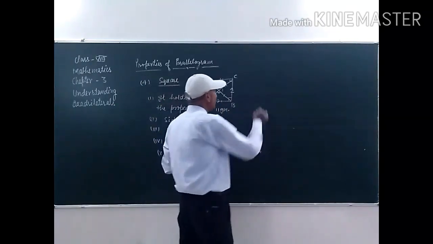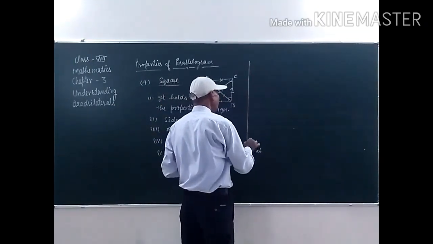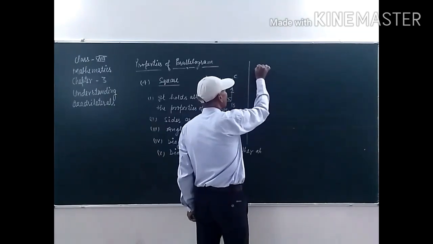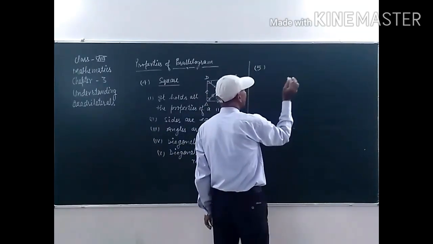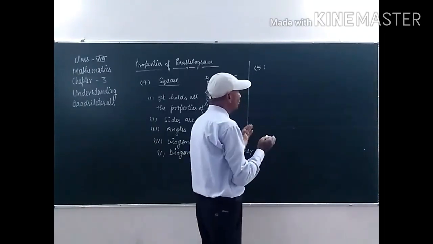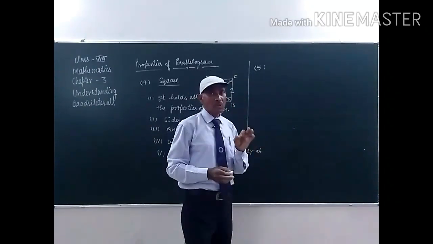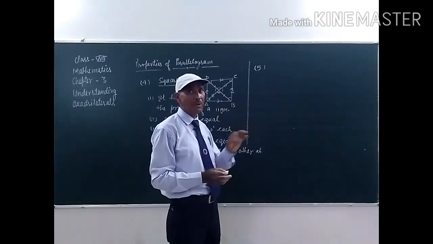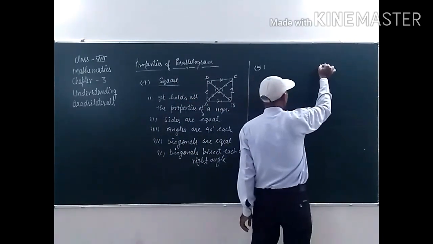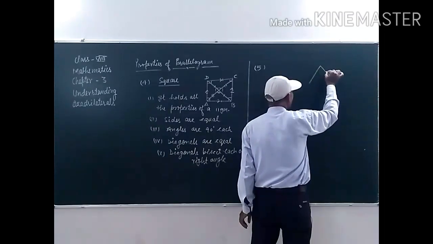Now, we will discuss the fifth figure, that is kite, student, and properties of kite. So, in kite, student, two adjacent pairs are of equal length. This figure is a kite.